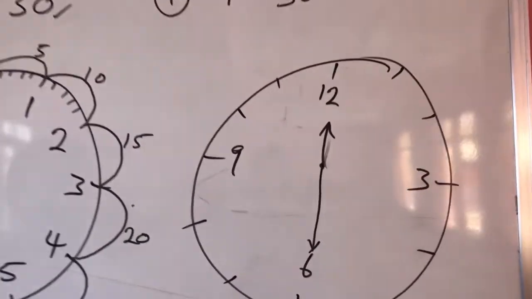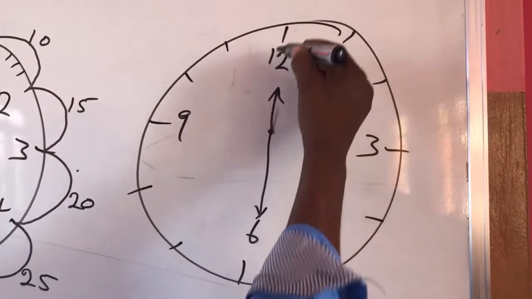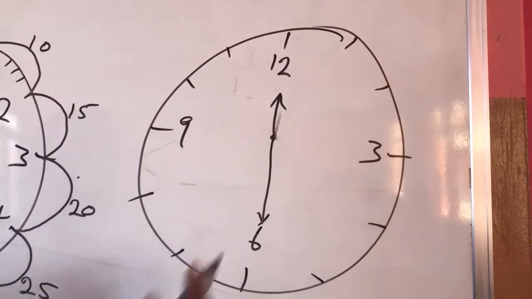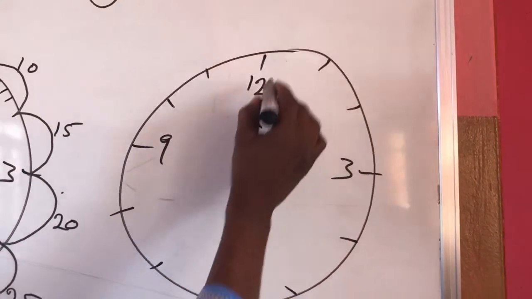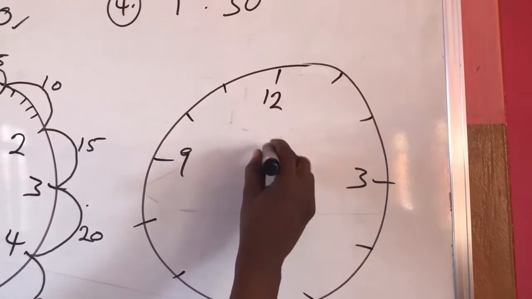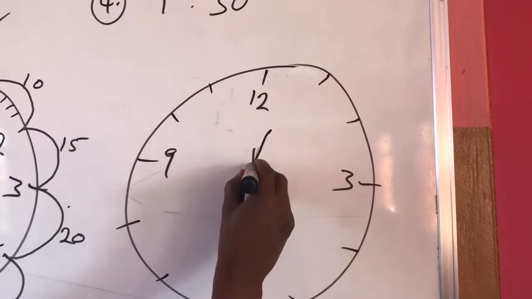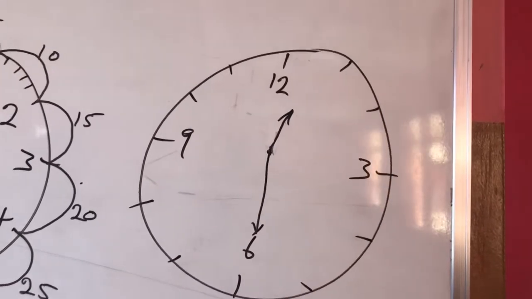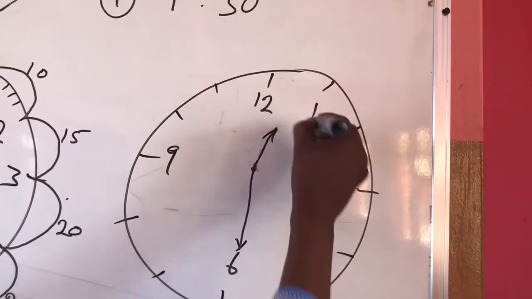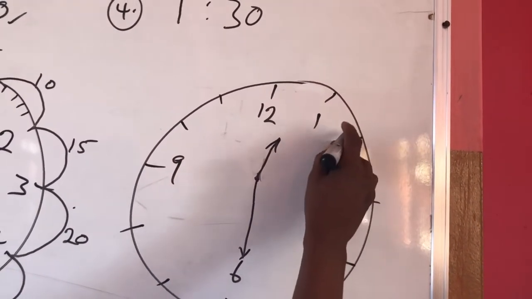You understand? So look at it. The hour hand pointed to 12. It can slide a bit slight on 12 getting to 1, but it will not be 1. It can be drawn like this too. Look at it. It can also be drawn like that. But make sure it is not 1. This is 1. 2.